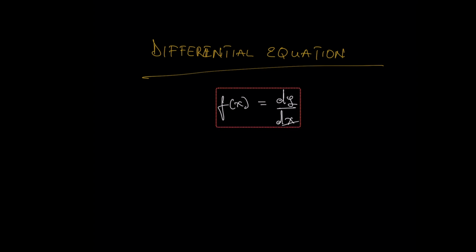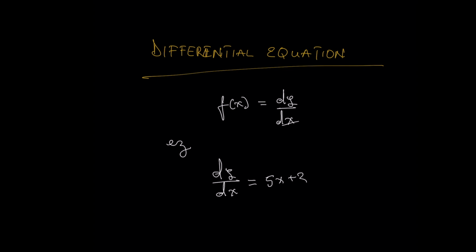So the whole of this function that you see in the box, the whole of this equation that you see in the box, is the differential equation. So an example would be dy/dx being equal to, let's say, 5x plus 3.